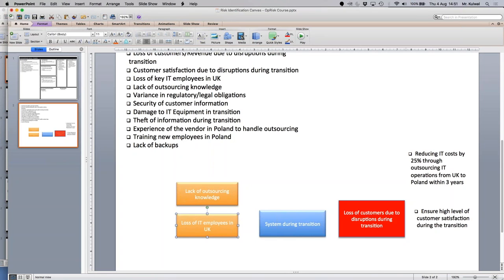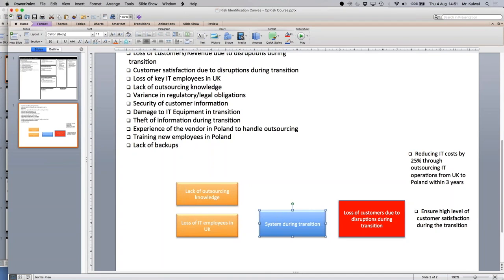The next question is going to be, okay, how do I manage these risks now? In order to manage the risk, you will need to see how these uncertainties are connected to each other. Because if it is a consequence, then maybe there is not a lot you can do about that. But if it is an event, there may be something you can do about it if you have influence over that event.